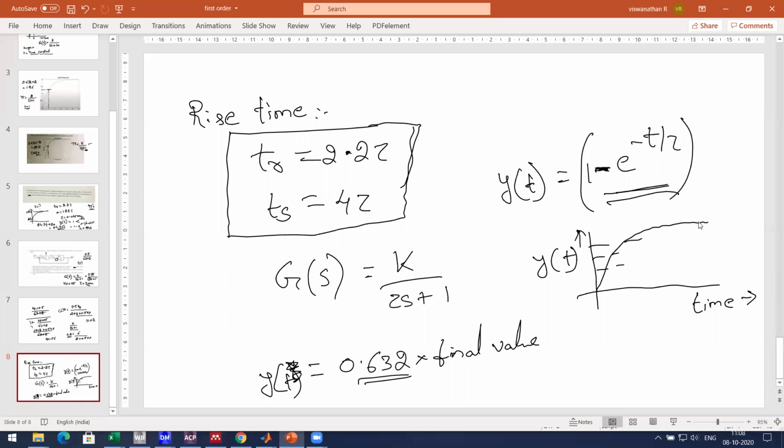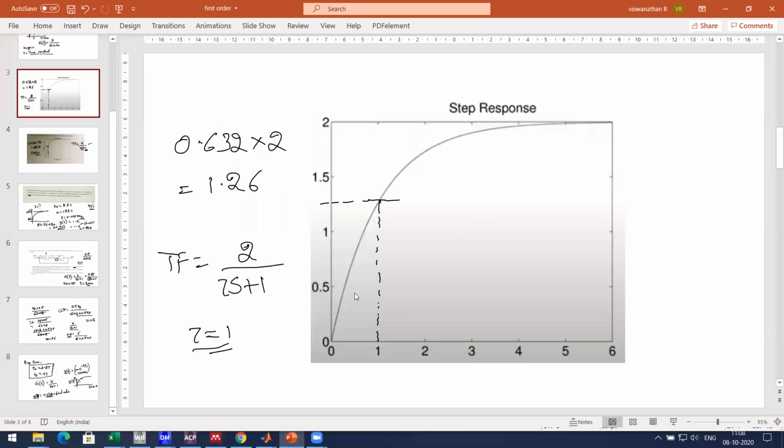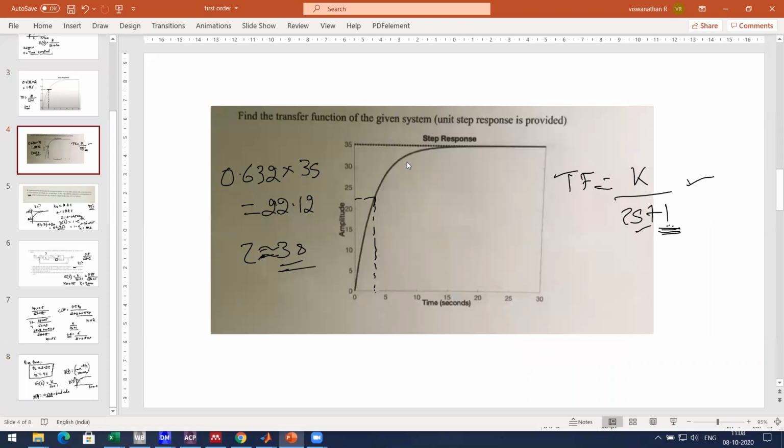Always a first order system will have a damping ratio equal to 1, and after a period of time it tries to reach the final value. So this is the kind of step response a first order system will have.